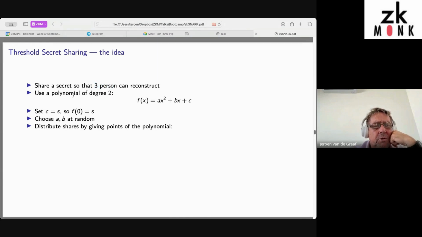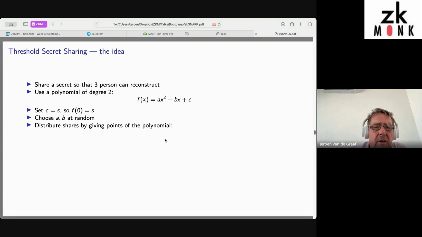If you use a polynomial of degree 2, the constant C will be the secret. We choose A and B at random, and then we distribute shares by giving out points of the polynomial.